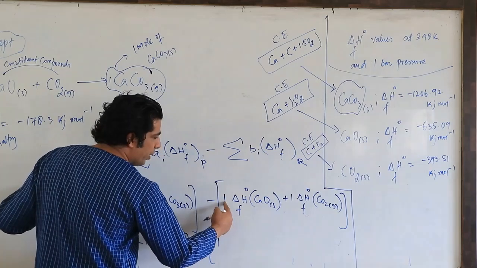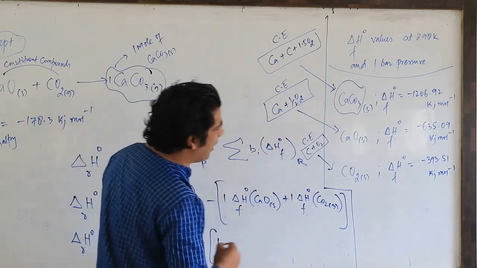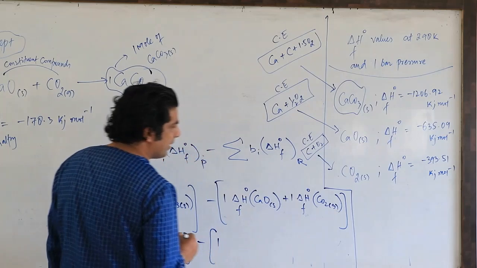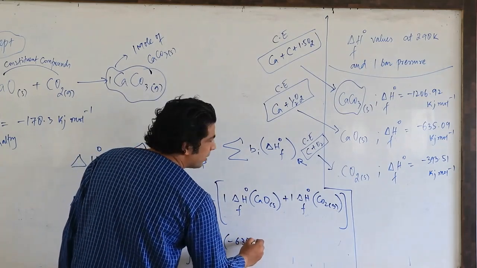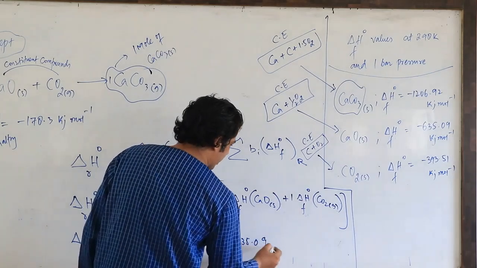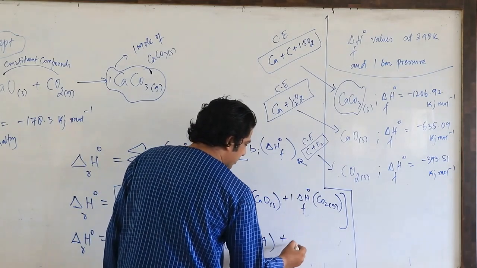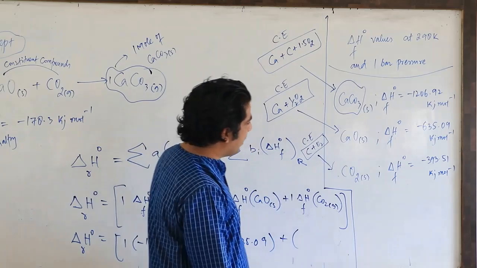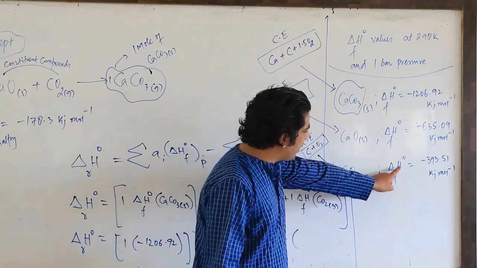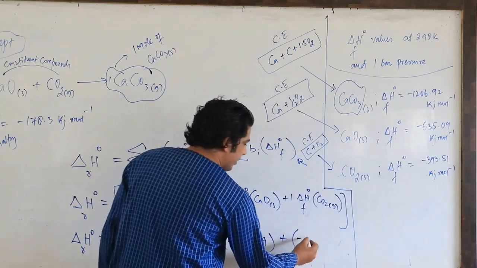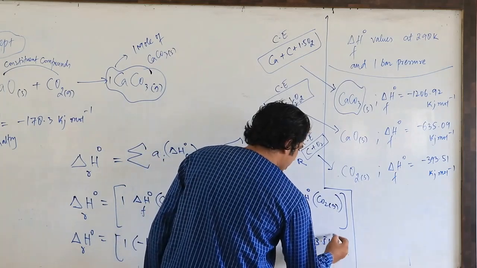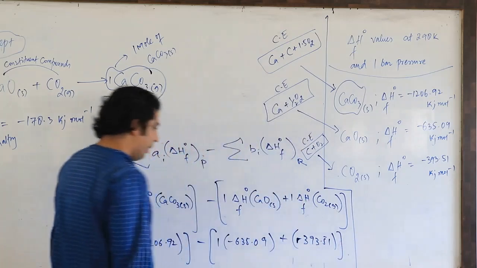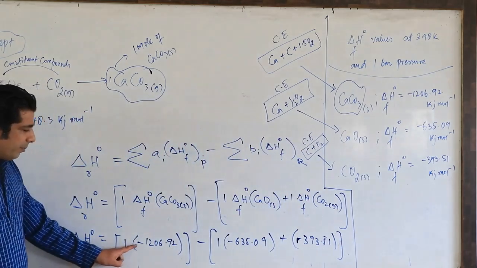Then we have 1 mole here, and for calcium oxide, what is the value of delta HF naught? Minus 635.09. Then we have plus of carbon dioxide. What is the standard enthalpy of formation? It is minus 393.51 kilojoules per mole.